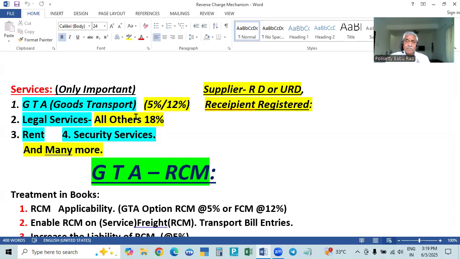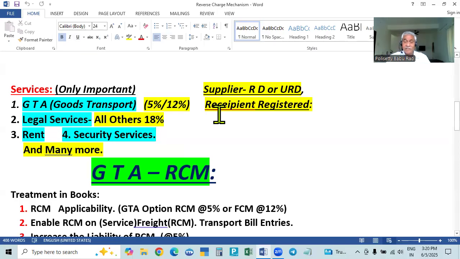So transportation of goods by road or inland waters. Private people also, with a lorry or auto on the road, will transport goods. Somewhere some small ships will transport goods to cross the river. That is also inland waters.